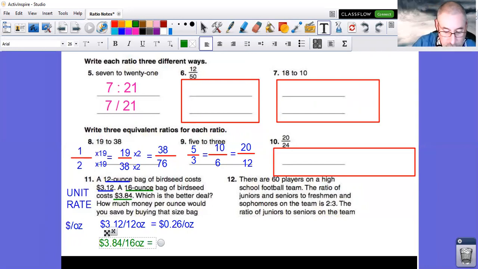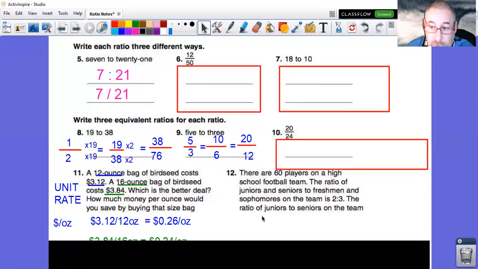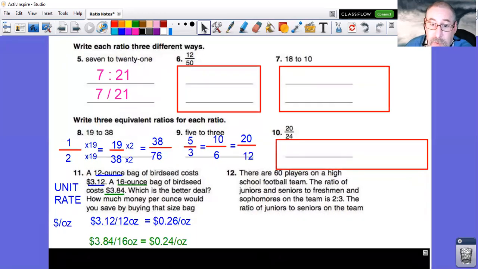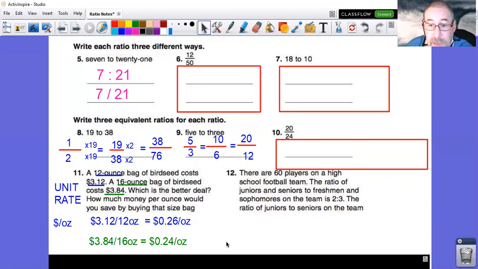We're going to put that into our fancy calculating machine. So 3.84 divided by 16, and you get 0.24, or 24 cents per ounce. So now we've calculated which one is cheaper. We found out that the 16-ounce bag is cheaper because it only costs 24 cents per ounce.